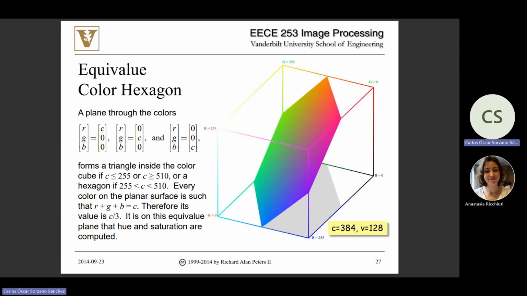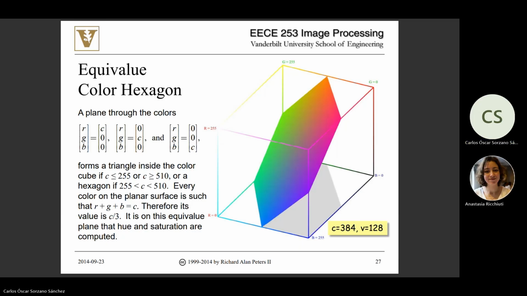And then I can change my constant. Let's say instead of 255, it is 384. Now I can try to draw that plane, and the intersection of that plane with the color cube is this hexagon.